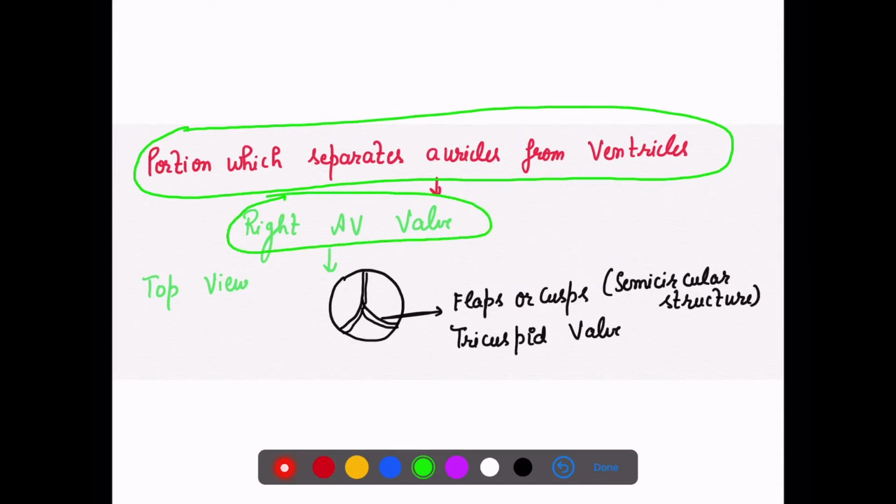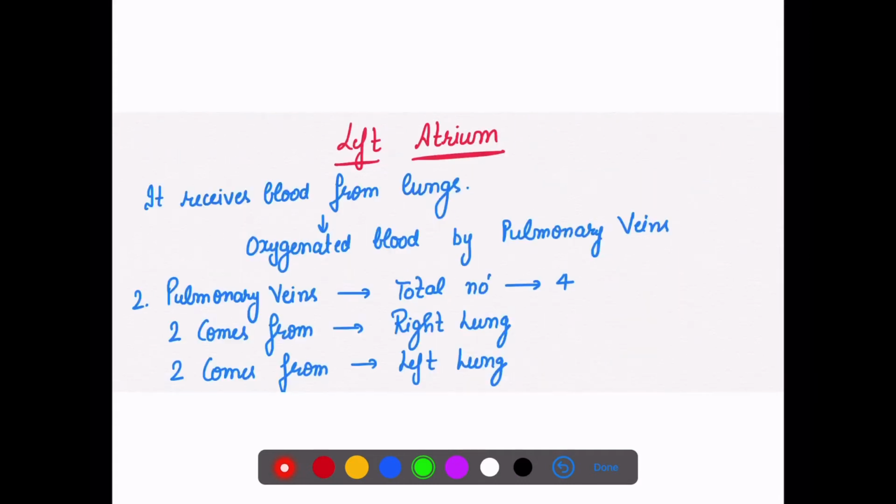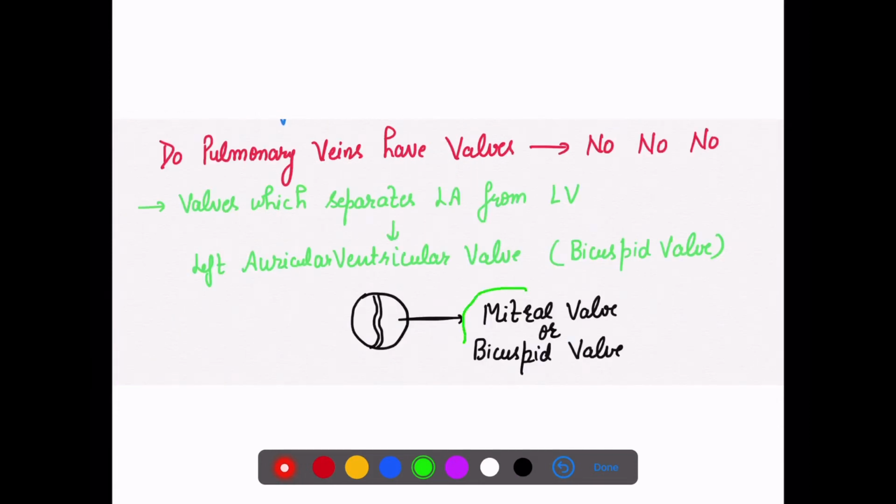In the top view, when you look at this valve, it has flaps. It has muscular flaps, and these are known as cusps. So there are 3 muscular flaps or cusps, which is why it is known as tricuspid valve. It is a semicircular structure. Now the left atrium has the bicuspid valve, also known as the mitral valve.